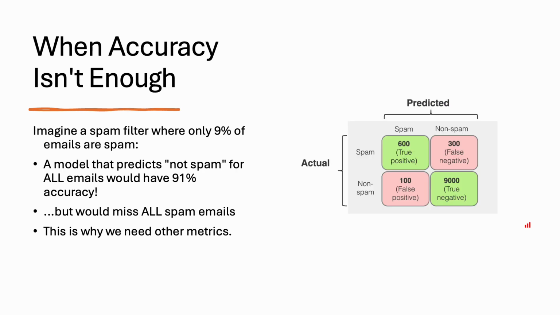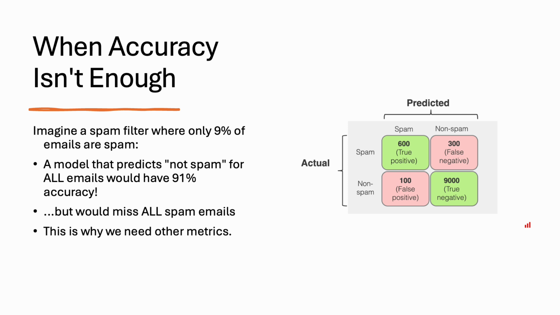But there are some other cases when accuracy is not enough to justify a model's performance. For example, here I present an example where a machine learning model tries to separate spam mail from non-spam email.